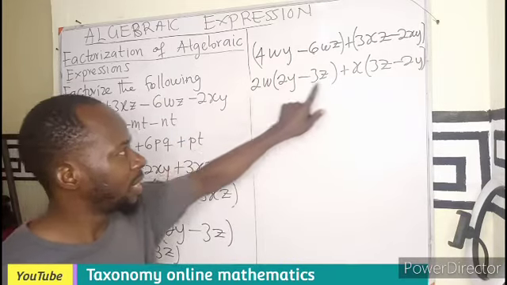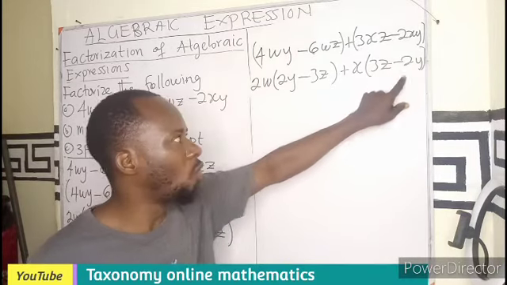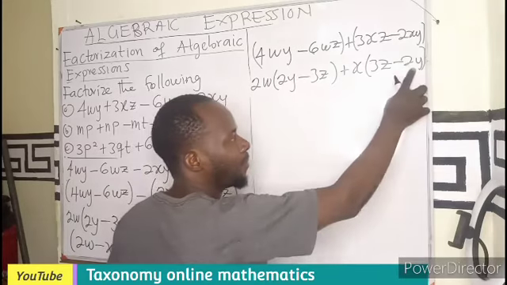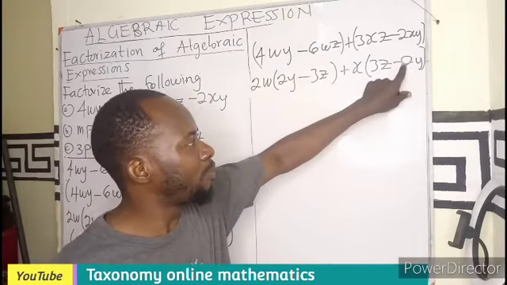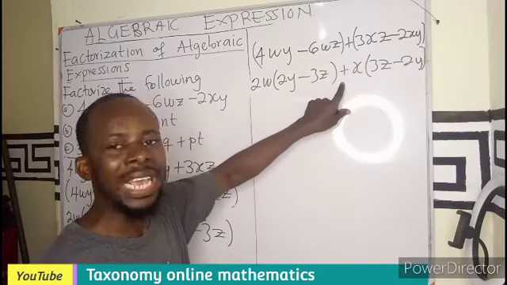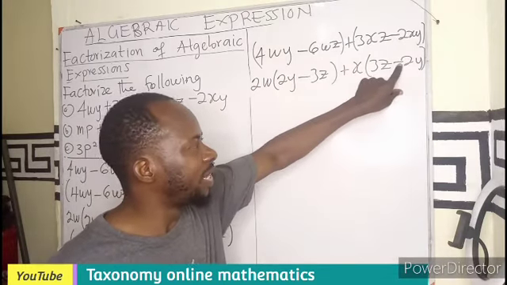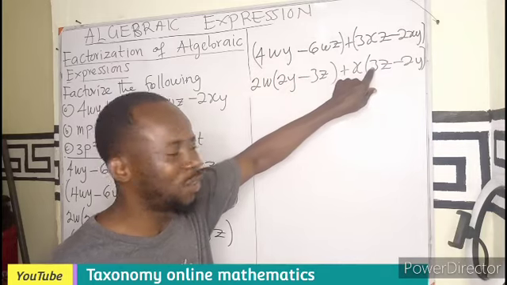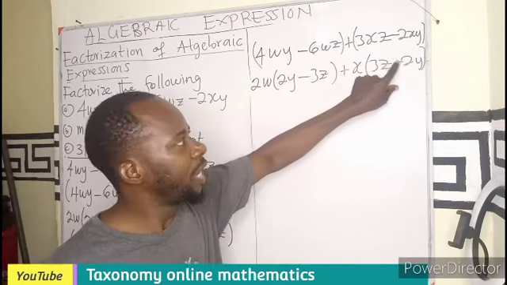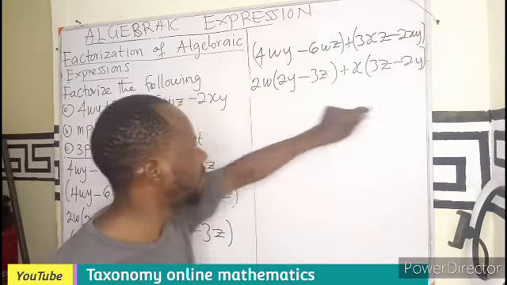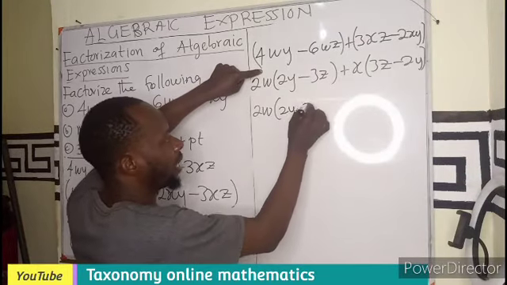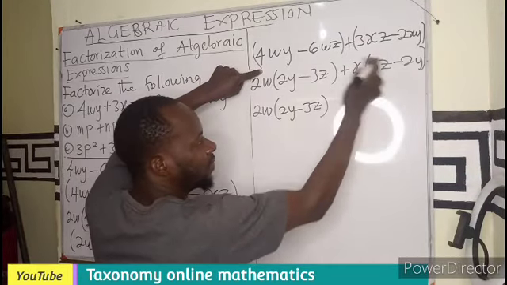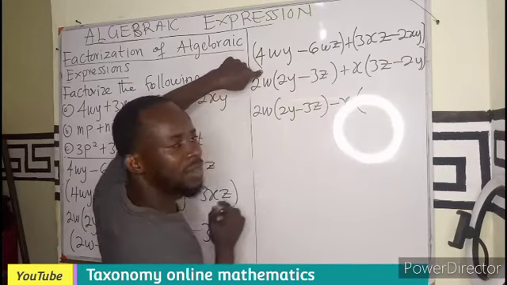Positive 2Y, negative 2Y. So I have to make sure I make this also become positive. How will I do that? If I push the negative outside, it will make this become what? Negative. It will make this become what? Positive. Meaning 2W, 2Y, 3Z, the negative is coming out, so minus X.